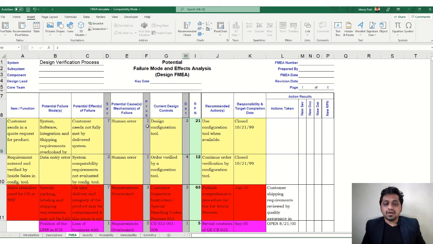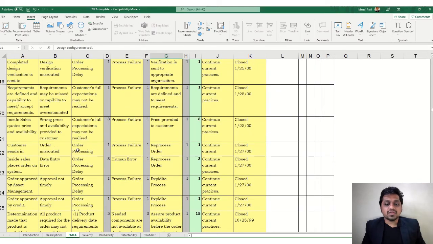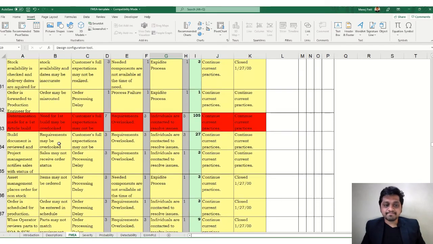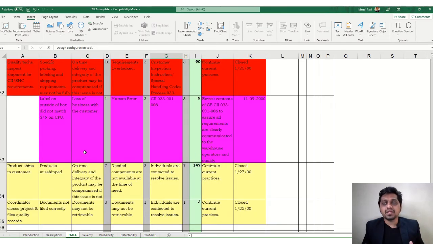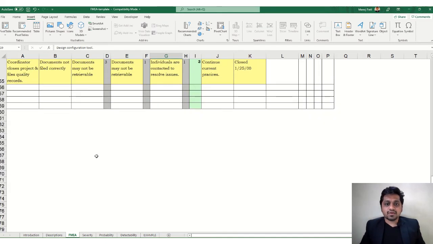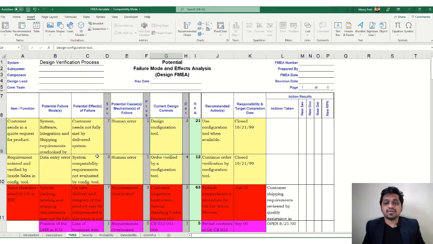This is how you can segregate the different parameters in your system, in your machine. You could see this is an editable spreadsheet. You can just change the number and the RPN number will change. It also has the recommended actions you have taken, the responsibility and the closing date. So you can prepare this complete sheet for your machine, mechanism, system, whatever you have.